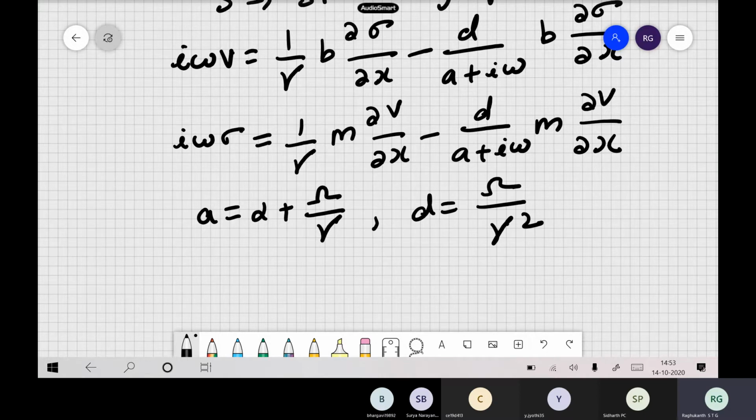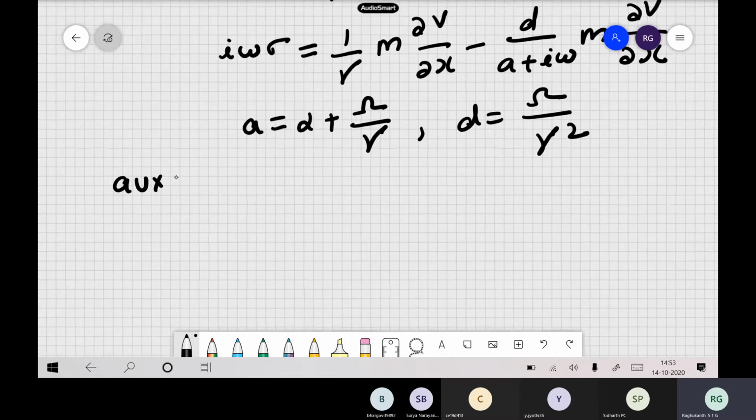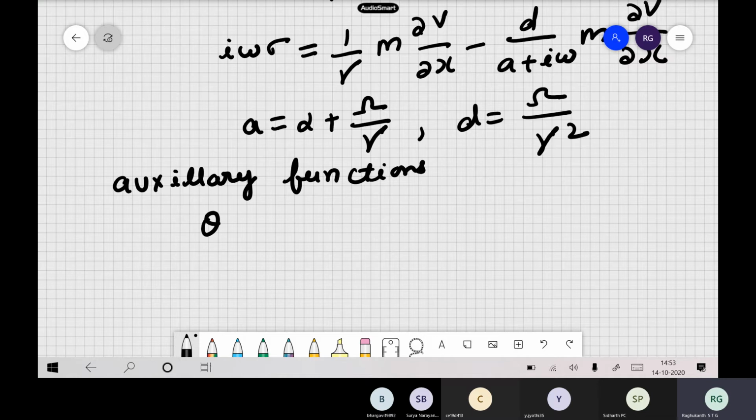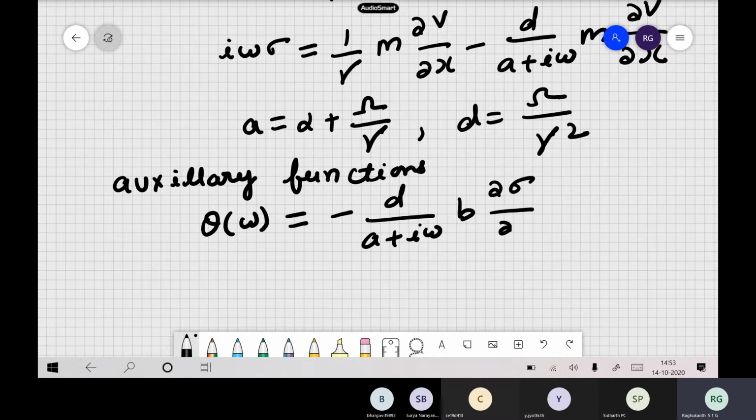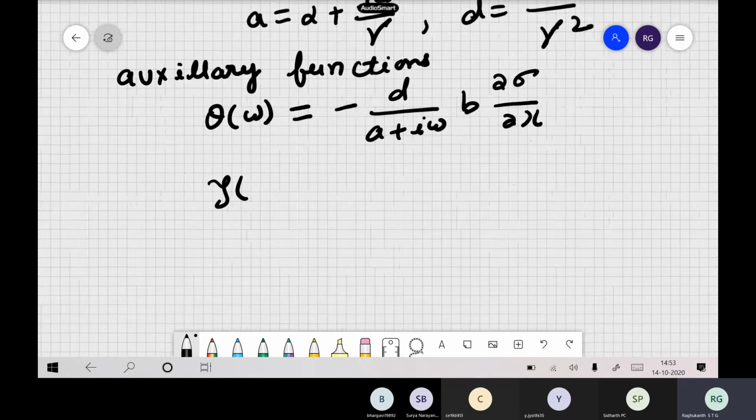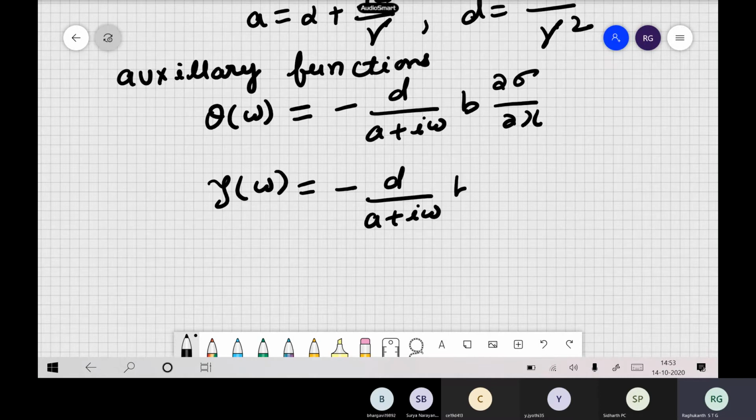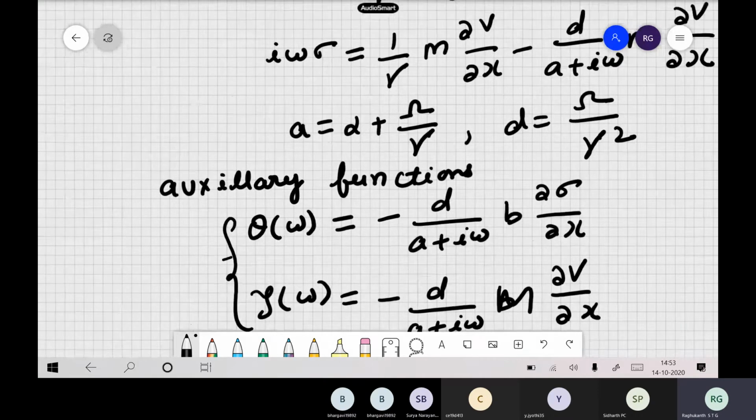So now you can write this in terms of some new functions. We can define these auxiliary functions. If you call these expressions θ of ω, which is minus d/(a + iω) times b ∂σ/∂x, and ψ of ω, which is minus d/(a + iω) times m ∂v/∂x, then you can substitute in this expression.